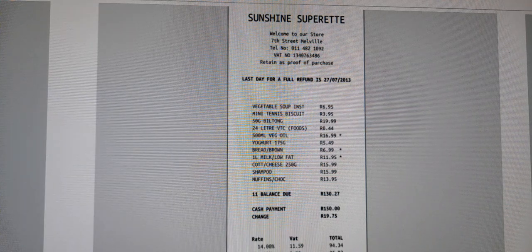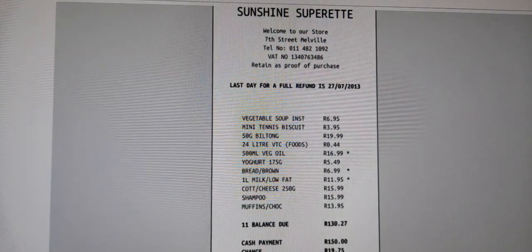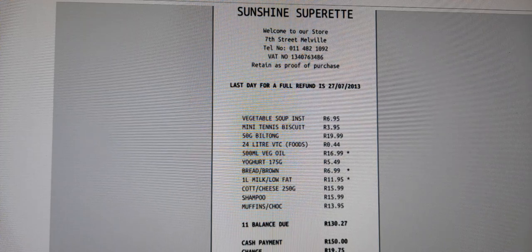I don't want to change your table. Can we use a cash register that is different? Sorry about that. My apologies, I cannot find a slip with a 15% VAT.